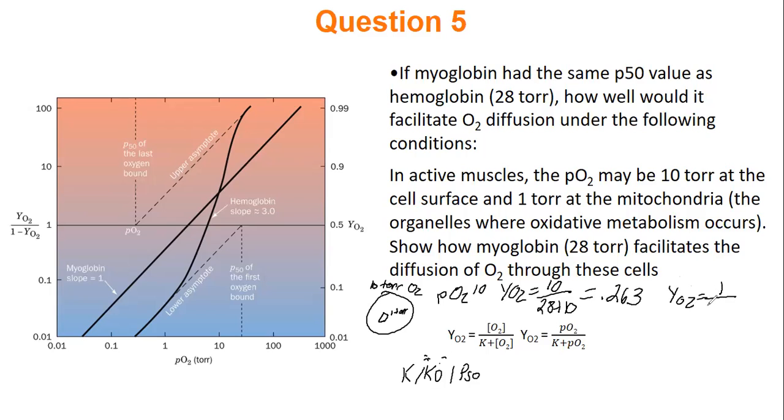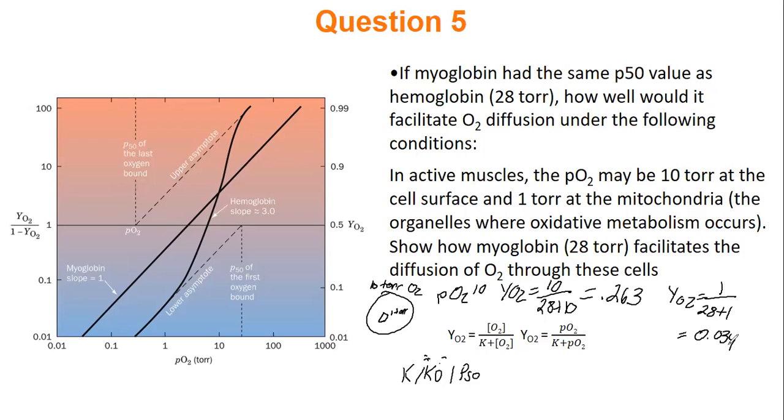At the mitochondria, where pressure is 1 torr, our fractional saturation is 0.034, which means at the mitochondria only 3.4% of our myoglobin still hang on to their oxygen.